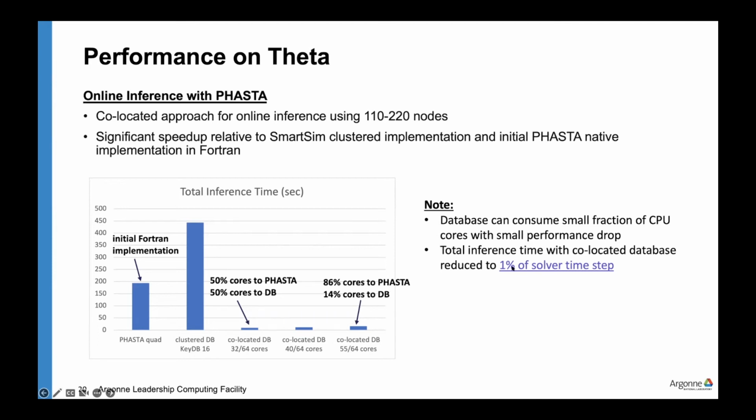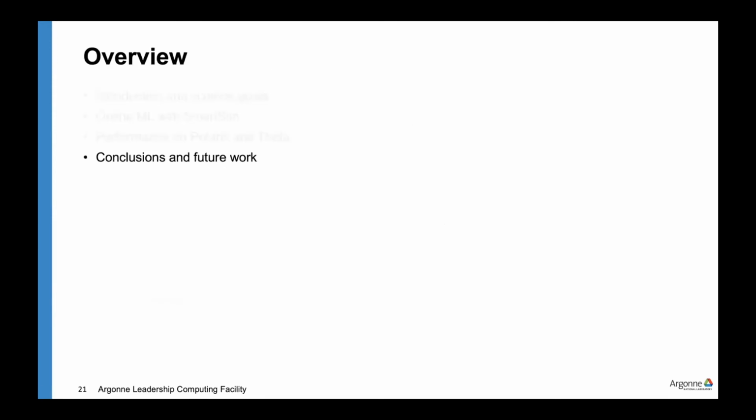We were able to get that down with the co-located approach to below 1% of a solver time step, which for our purposes meant that we are doing inference very efficiently. And actually, we were able to beat the initial Fortran implementation in the CFD code, which was doing inference by writing the weights and biases of the model to file, uploading them, and then using a Fortran subroutine to do inference. So that was a good success for us.